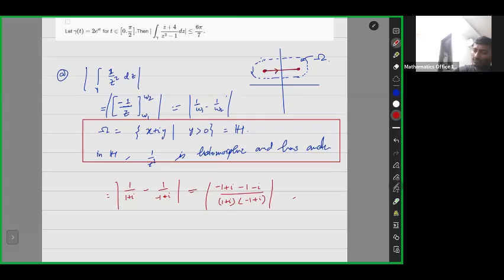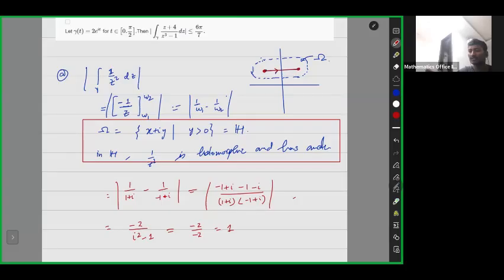So in the numerator, we are going to get minus 2, divided by (1 plus i)(minus 1 plus i), which becomes minus 2. Is this fine? Because in the denominator, it is becoming i square minus 1. Let me write one more step here. i square minus 1, which becomes minus 2, divided by minus 2, hence it's equal to 1.